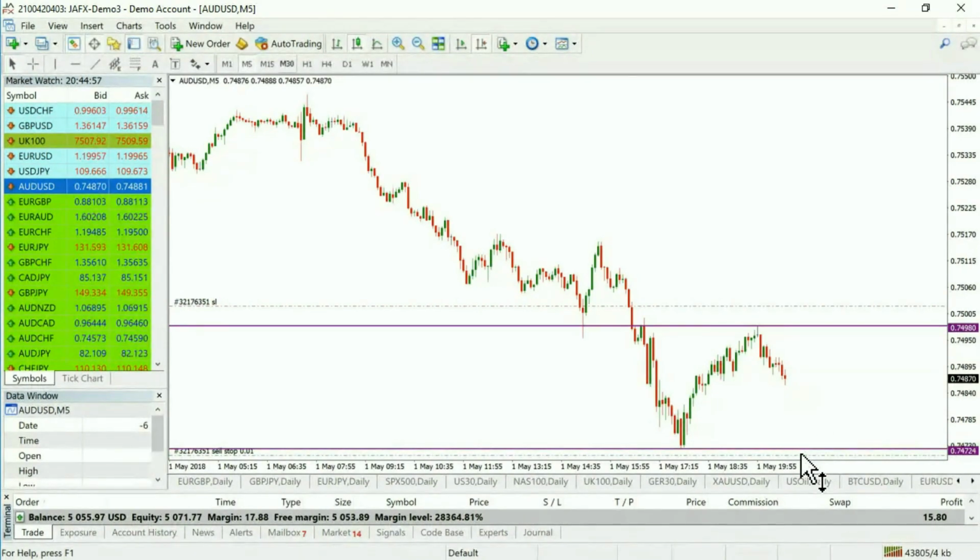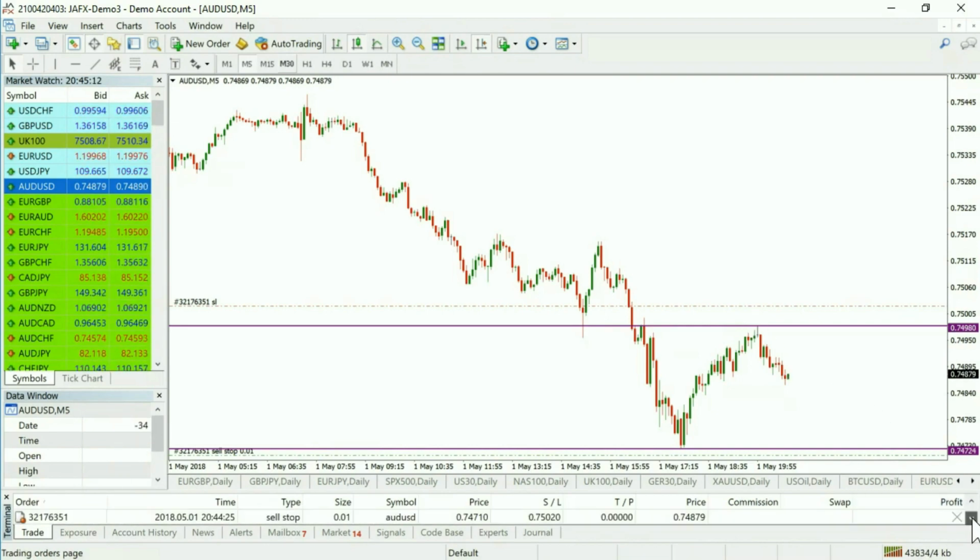So we have our sell stop order to the downside just below the 74.72, and we have our stop loss just above the 7,500 there sitting in this market. So that's how traders utilize these particular different types of orders.